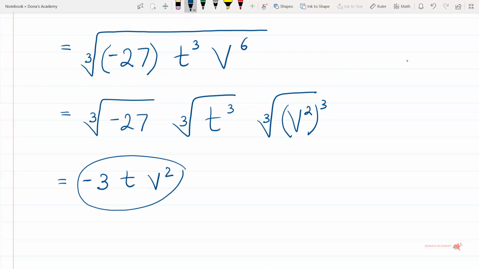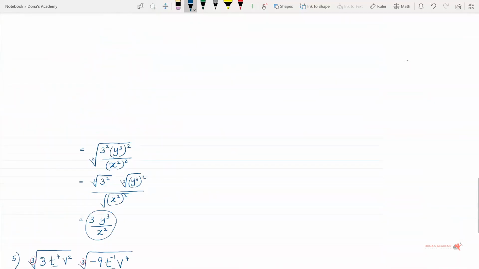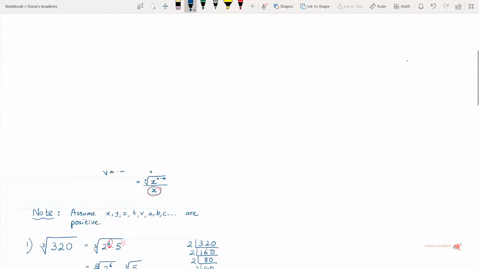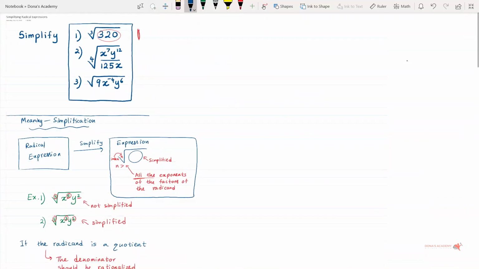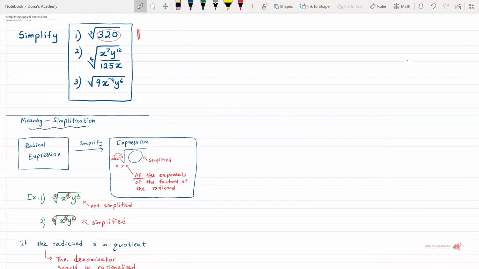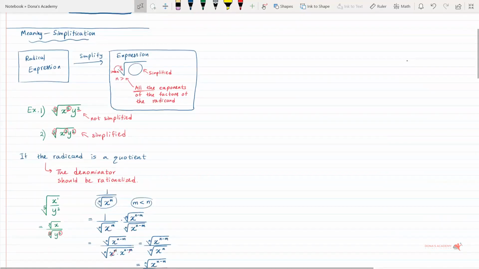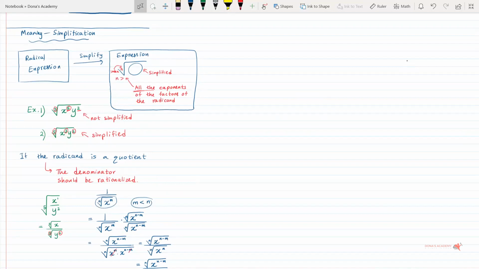All right. Okay, so we talked about the meaning of simplifying a radical expression. There are a couple of conditions we have to satisfy: the simplification of the radicand and the index condition. And when it comes to quotient case, if the radicand is a quotient, there is an additional condition we have to satisfy, that is rationalizing the denominator.